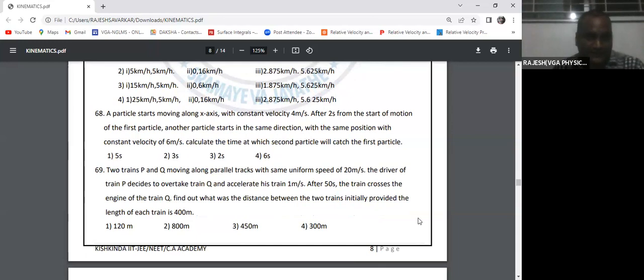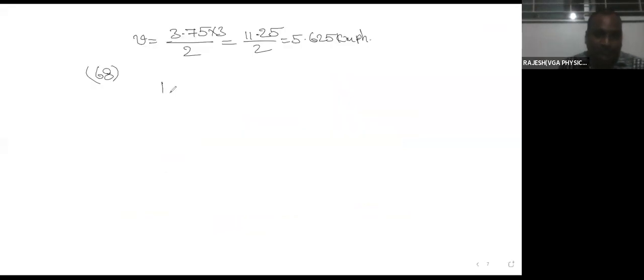So let us take the first particle started at 4 meters per second. So it has to travel a distance of d. If I take time t, 4 into t should be equal to the second one's distance. The second one is traveling after 2 seconds, that means time of journey of the second one is t minus 2.